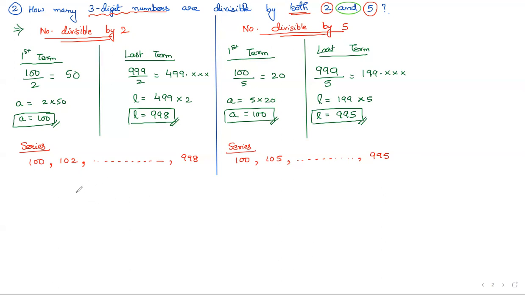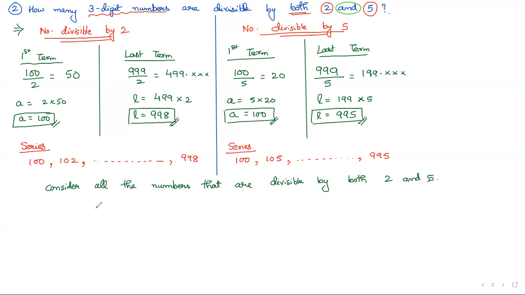So when I consider the intersecting numbers between the two series, consider all the numbers that are divisible by both 2 and 5, or 2 as well as 5.